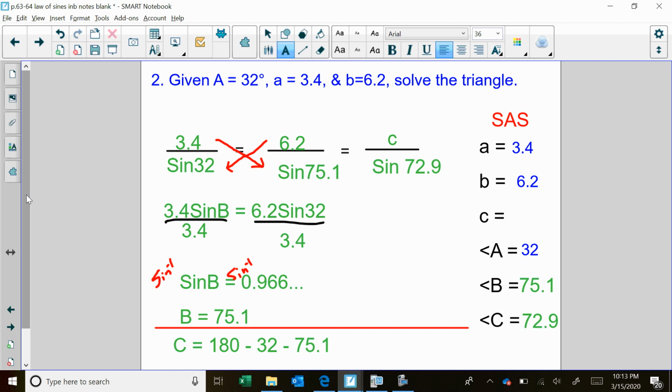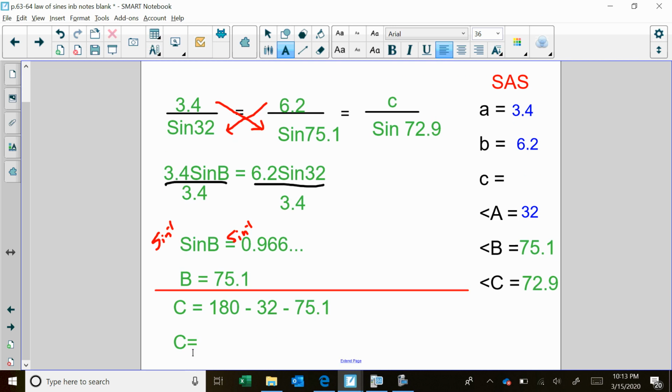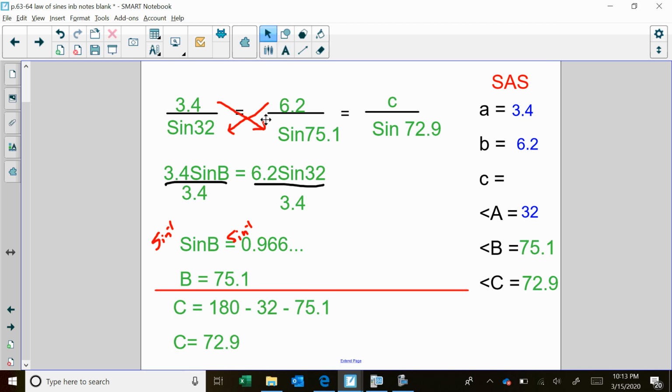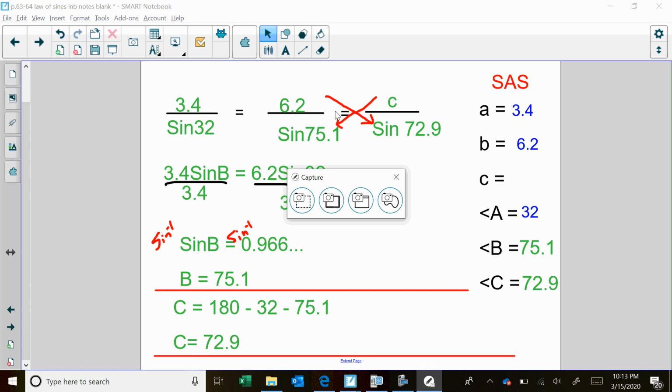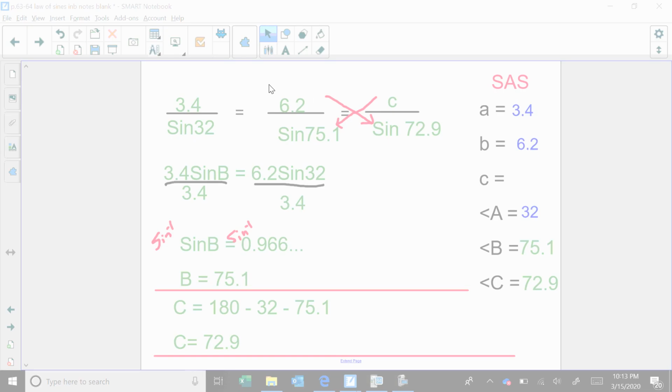So one more quick calculation. We'll finish this at 72.9. We get to move our cross multiplication over to the second and the third fraction. Almost done, guys.